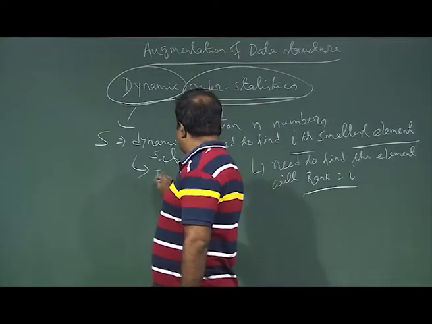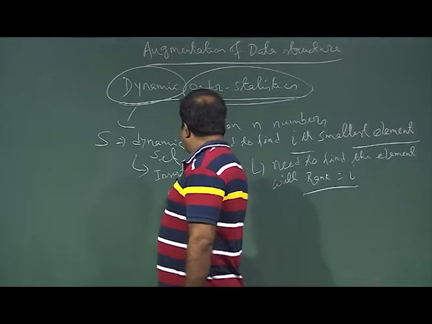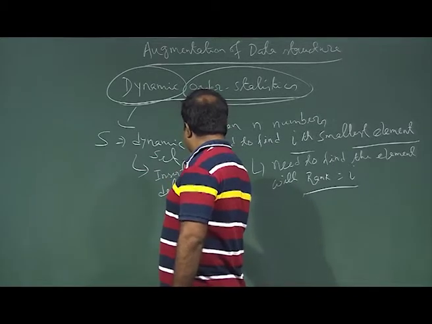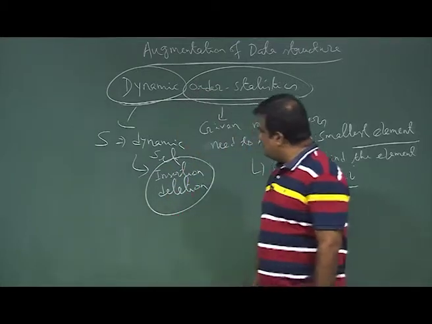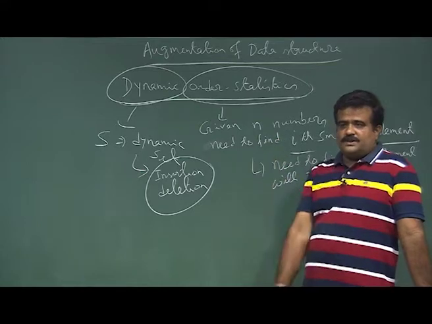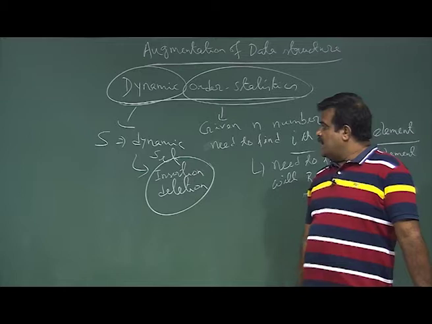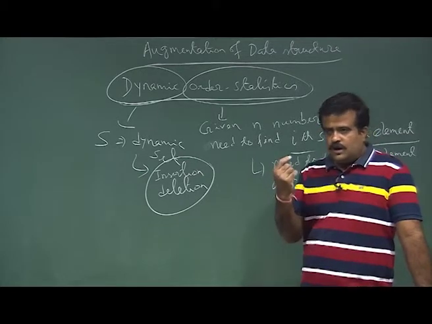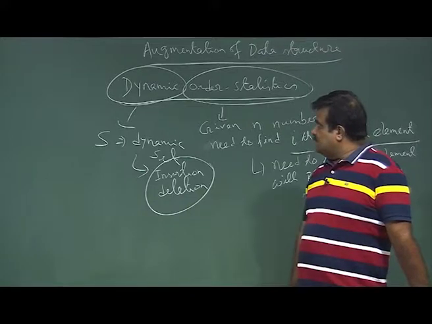So dynamic set means insertion and deletion are allowed. These two operations make a set dynamic. We are allowing any element to leave the set at any point of time, that is deletion, and we are allowing an element to join the set. So this set is dynamic.